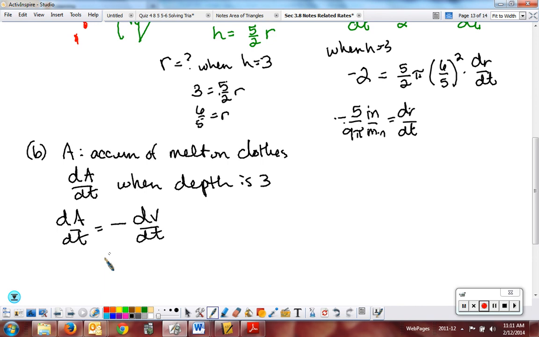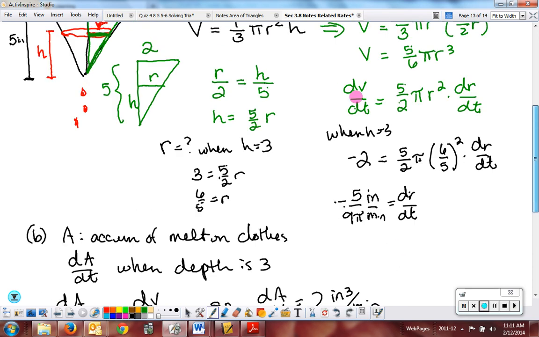The rate that it leaves is the opposite of the rate that it accumulates. Very good. So dA/dt would be 2, what were our units again? Inches cubed per minute. And you could write the sentence for that. I will leave that for you for the sentence.